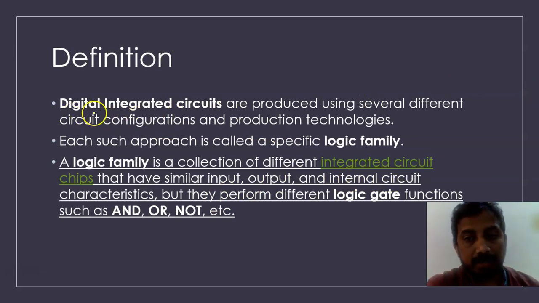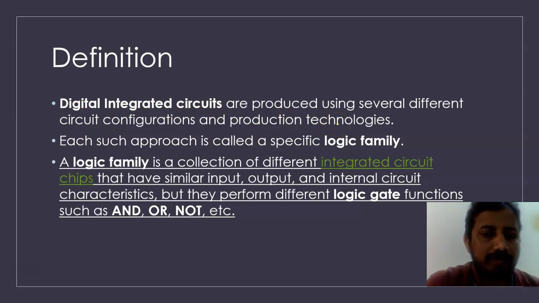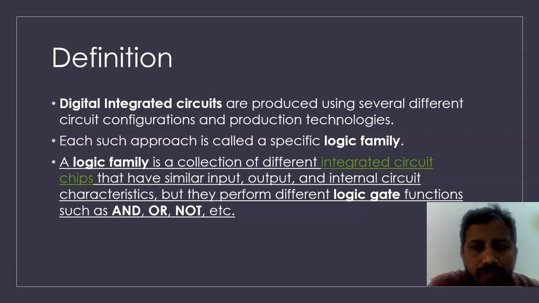So what is a digital integrated circuit? Digital integrated circuits are circuits which use different circuit configurations and different production technologies. That would be a definition. This definition brings you to the topic of what is meant by a digital integrated circuit in the first unit, logic families.